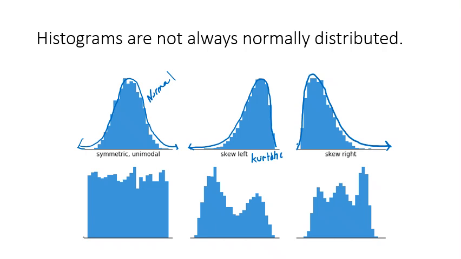Here we have what's called a uniform distribution. There's not really a clear pattern to it. All of the frequencies were fairly even. And so we would call this a uniform distribution. Let me think of an example for this.